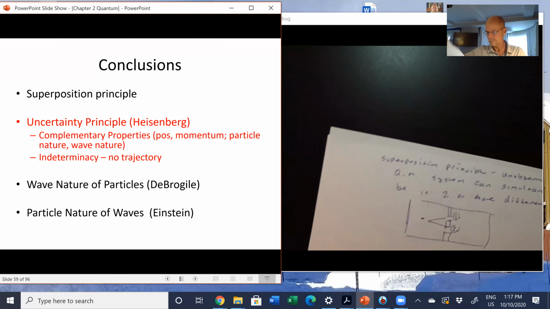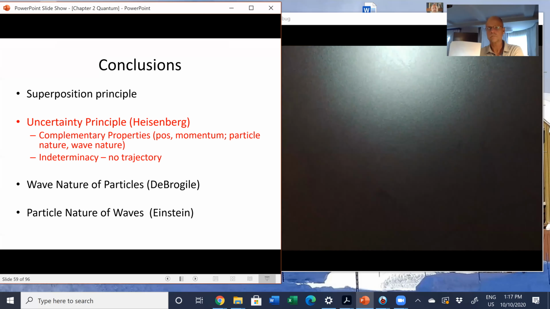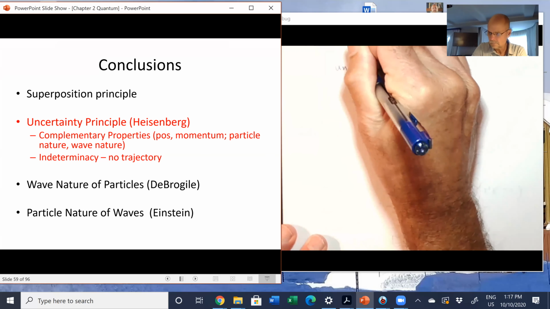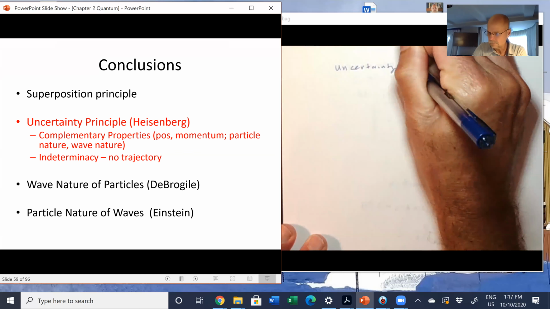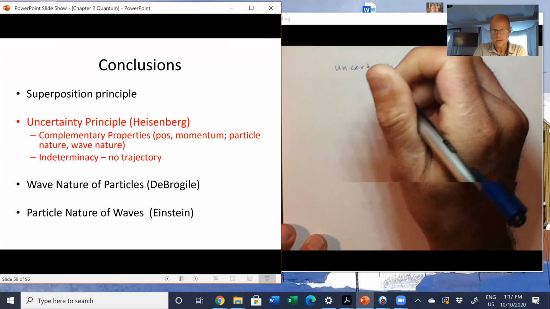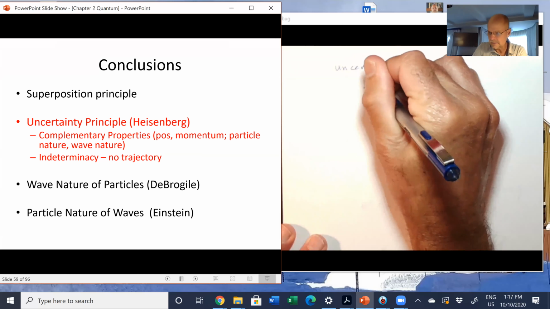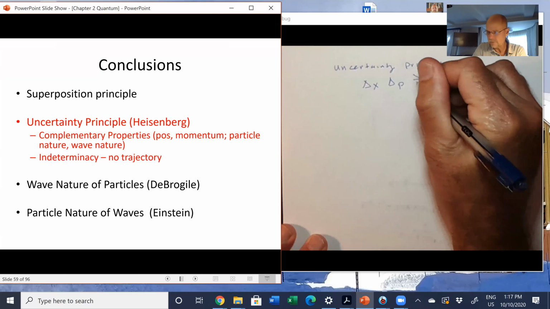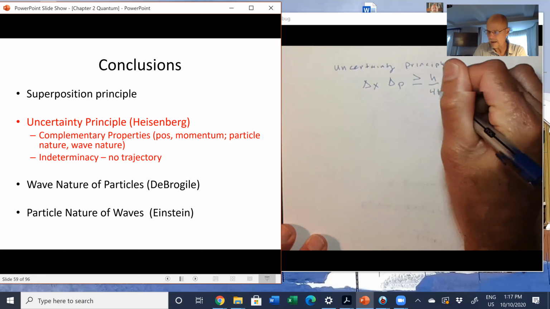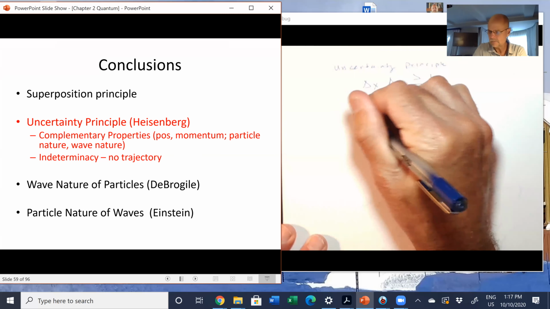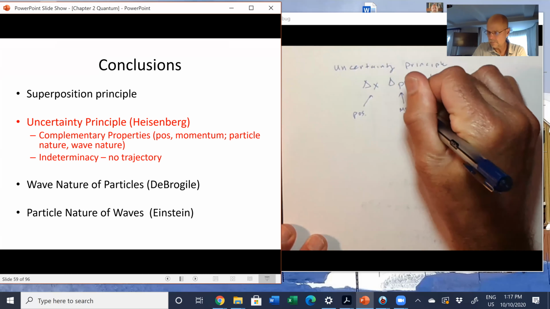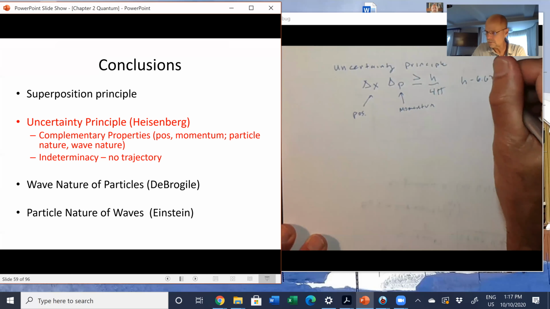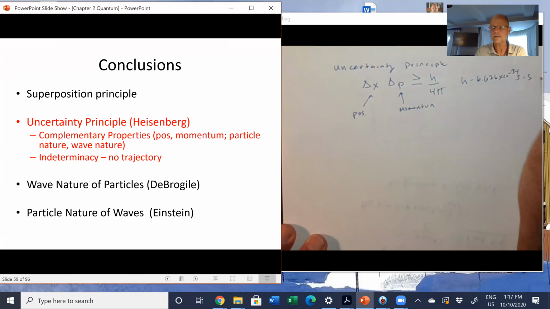The uncertainty principle says that the uncertainty in the position times the uncertainty in the momentum is greater than or equal to h over 4 pi. X is position, P is momentum, h is Planck's constant, which we've seen before, 6.626 times 10 to the minus 34 joule-seconds, right?